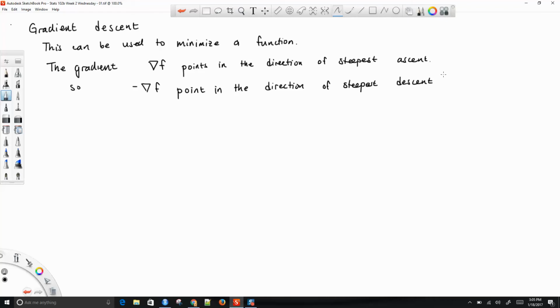That's what the gradient does. If we picture a gradient in two-dimensional space, then the gradient is perpendicular to a vector that is tangent to the contours of the function, okay?